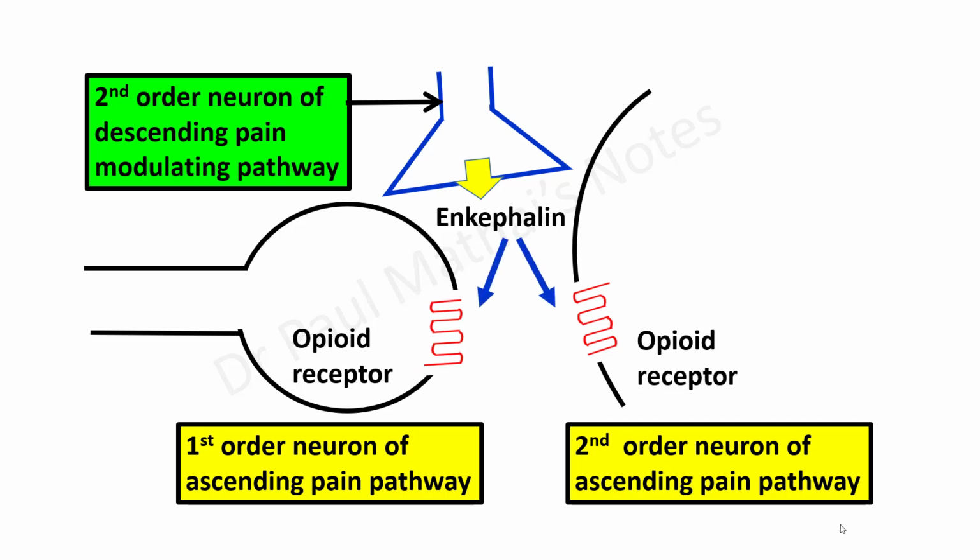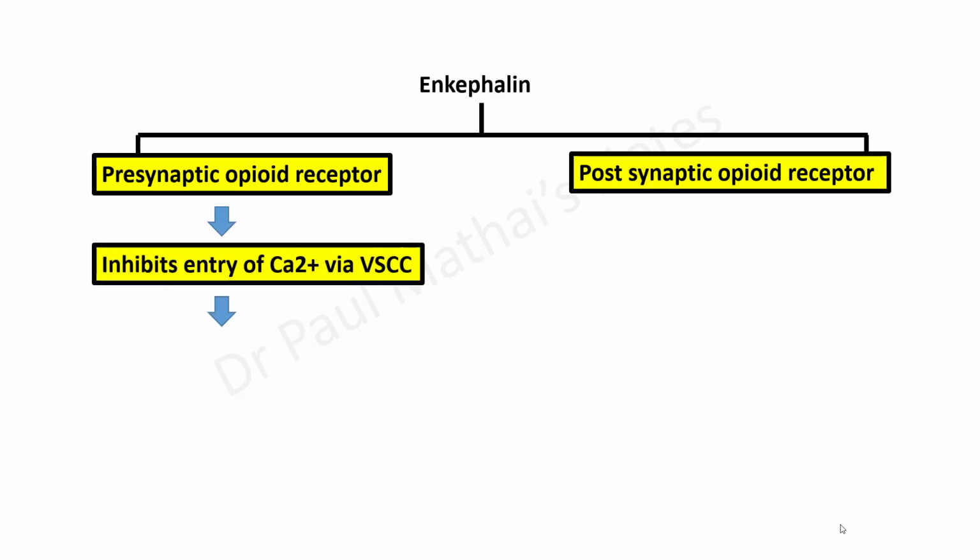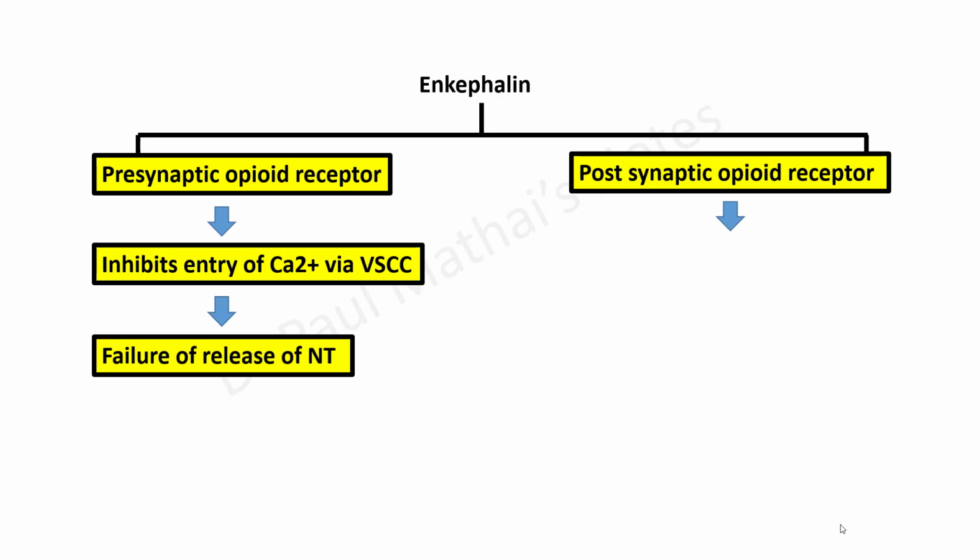When enkephalin binds to the opioid receptor present on the first order neuron of the ascending pain pathway, it inhibits the entry of calcium via voltage sensitive calcium channels and thereby prevents the release of neurotransmitters from the first order neuron of the ascending pain pathway. Enkephalins also bind to the opioid receptors present on the second order neuron of the ascending pain pathway and thereby open the potassium channel seen on the second order neuron of the ascending pain pathway.